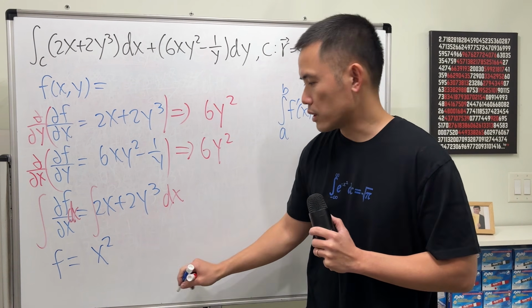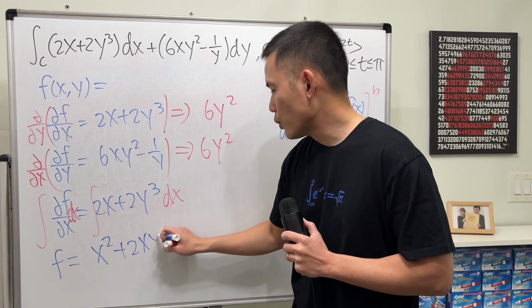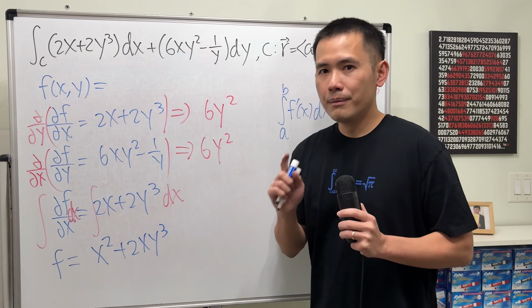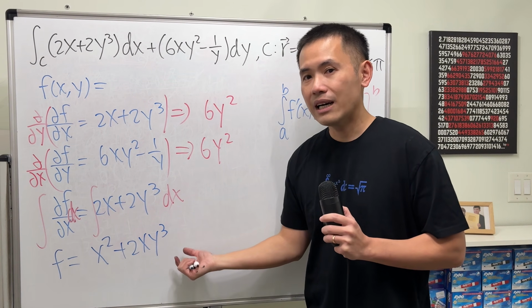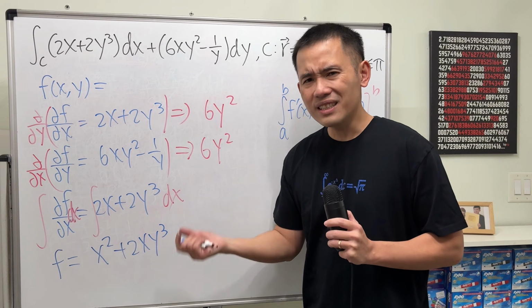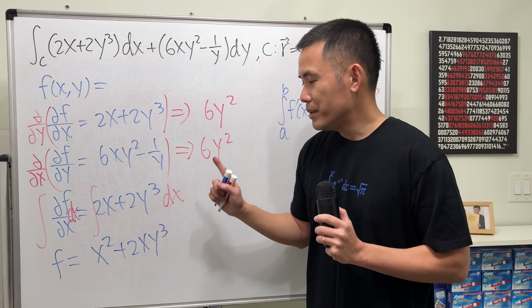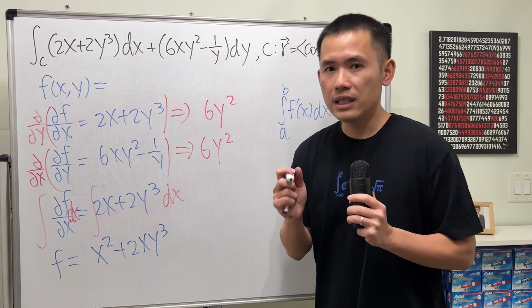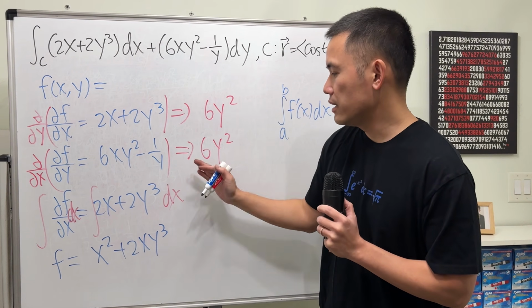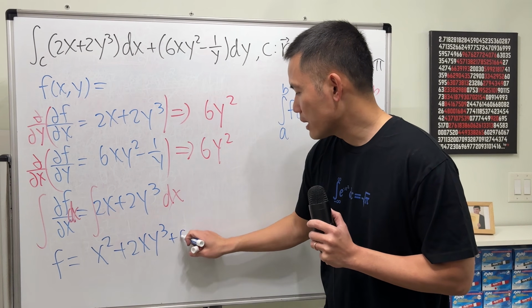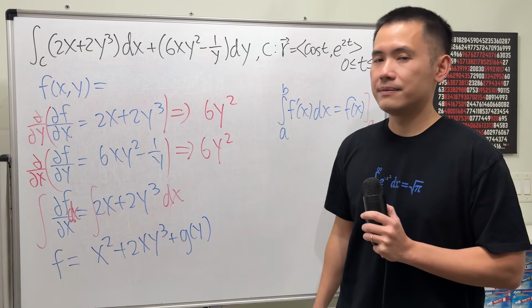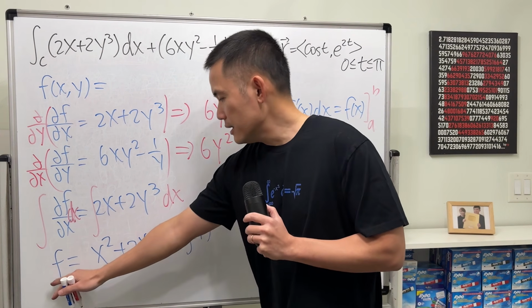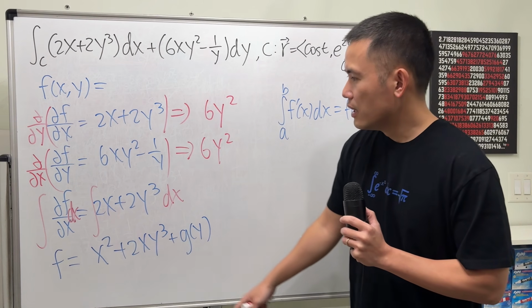Integrating this in the x world, we get 2xy cubed. But remember, we still have to have a constant. What's the constant though? It's not just plus c, because any function in terms of y is considered a constant in the x world. So I will say plus g of y, like this. And then, this is the general form of our function. Let's have a look.